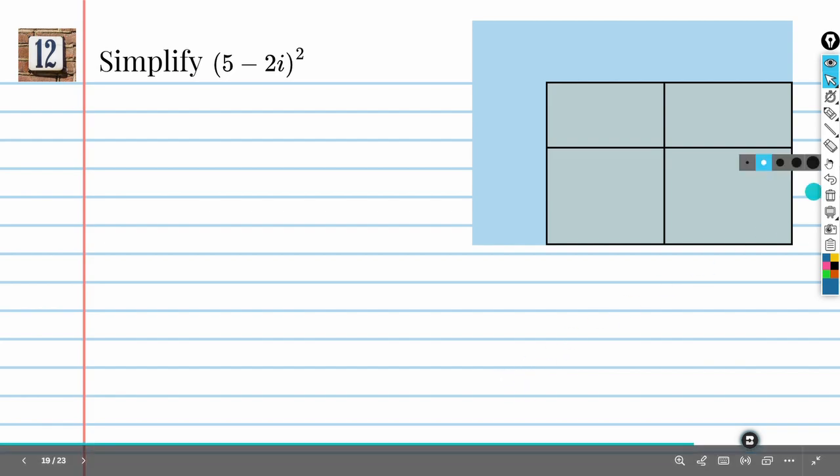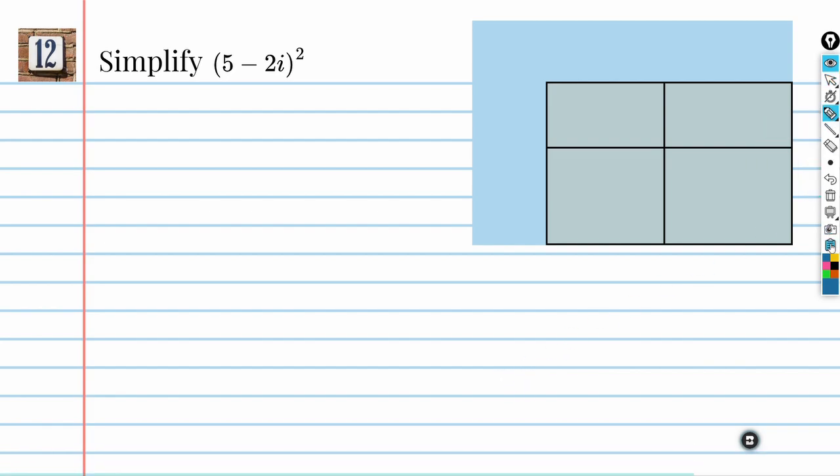So using the box, you're going to end up writing the multiplication on the outside. But first off, let's look at what this means when I have a squared. So that's 5 minus 2i times 5 minus 2i. And so I'm going to put them on the outside.